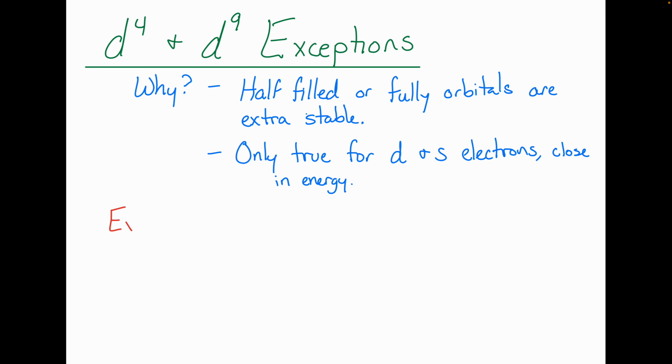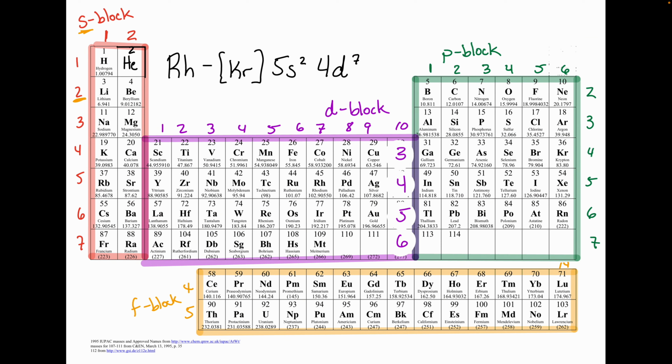So let's take a look at one of these d4 elements. We're going to look at chromium. Everybody just take a second and give me the electron configuration for chromium that we would expect based on these filling rules we've discussed. You could just do the abbreviation. We can pretty much default to the abbreviation from here on out just for making our lives easier.